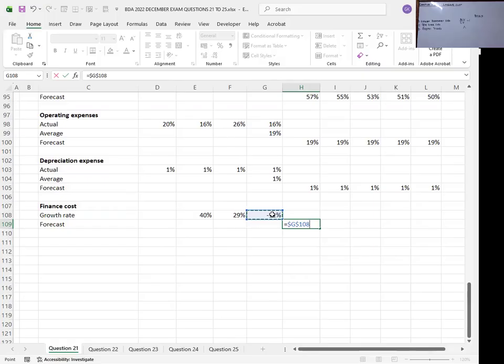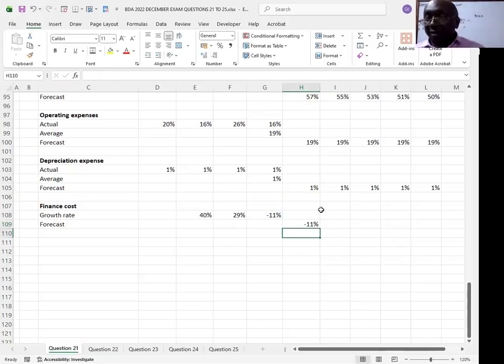Once you put the dollar signs, it goes to 11, then you autofill.